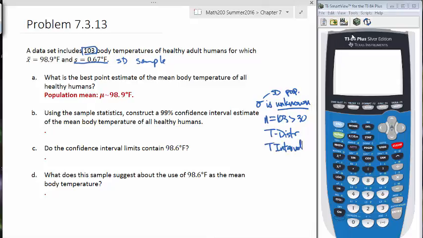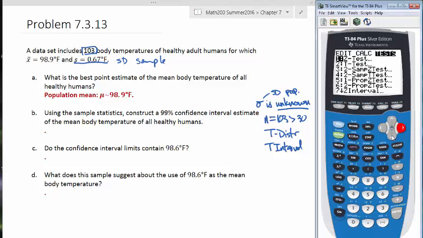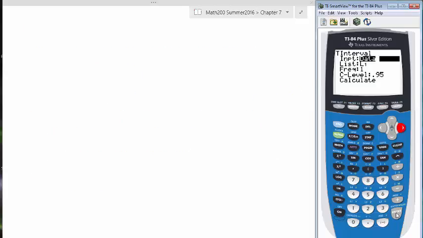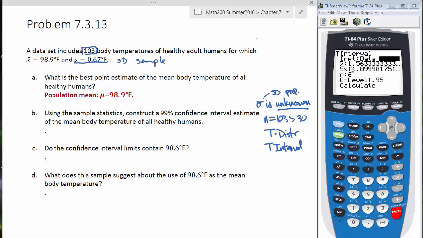So let's go to our calculators and find our t-interval. Stat, go to test, and look for t-interval. Once you find it, click enter, and we have a choice of using data or statistics. We have the statistics here, so we're going to write out our stats and press enter. Now let's arrow down.